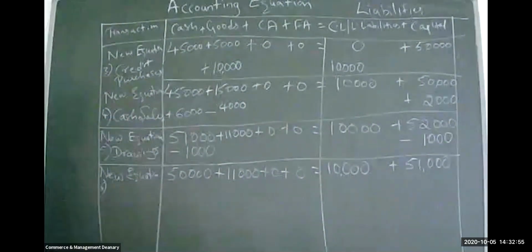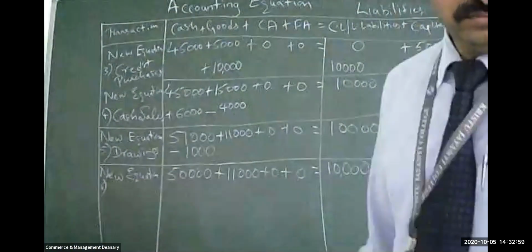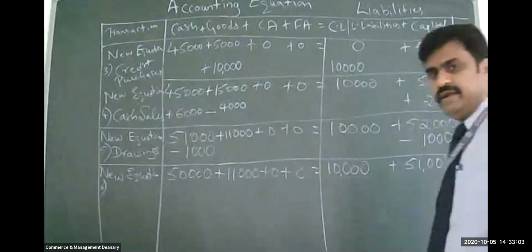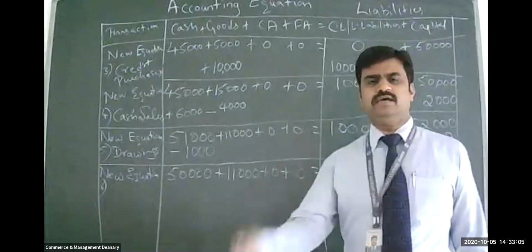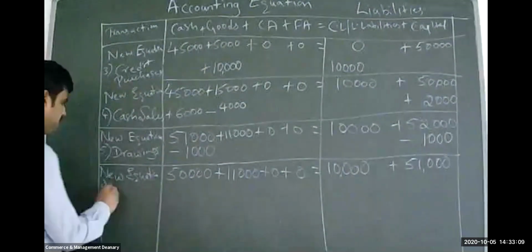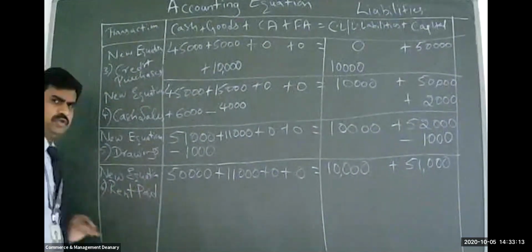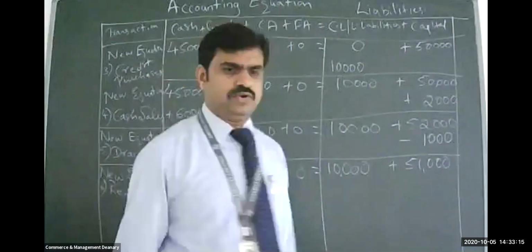Now we go to the next transaction. Paid rent, 500 rupees. So he is paying rent of the office. Rent paid. How do we normally pay? We normally pay through cash.